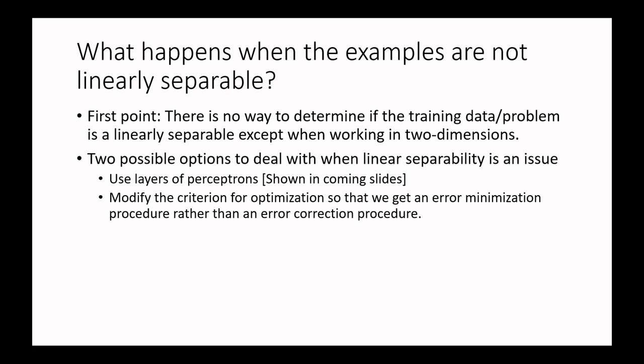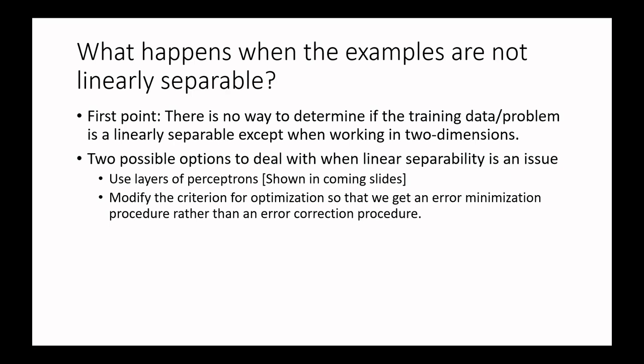Now, instead of working with a criterion that is error correction, we might work with a criterion which is error minimization. That is, you assume that some error is going to happen, so why not look for a weight vector which will minimize that error?